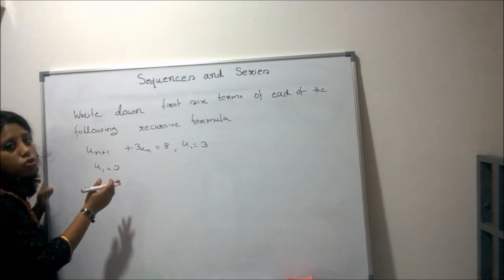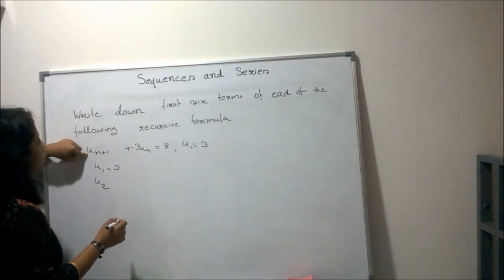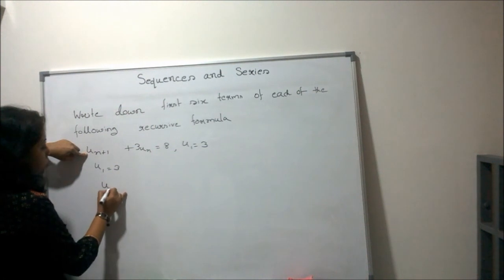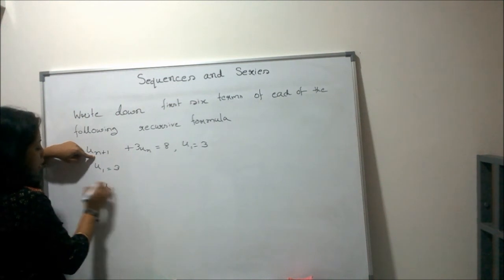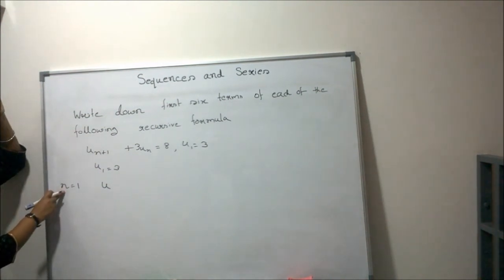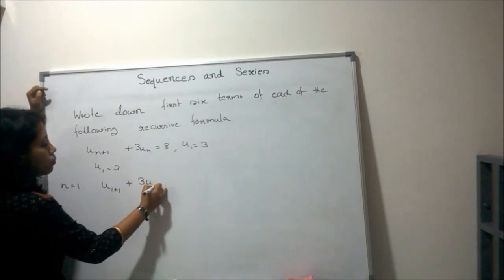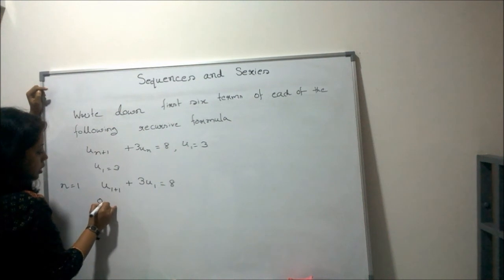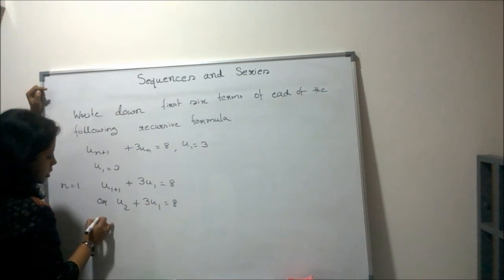Now what we will find? u2. If we put n is equal to 1 in this formula, u(n+1) + 3u(n) = 8 becomes u2 + 3u1 = 8.